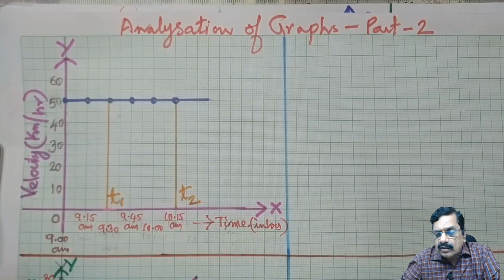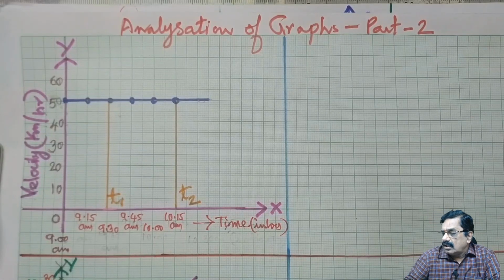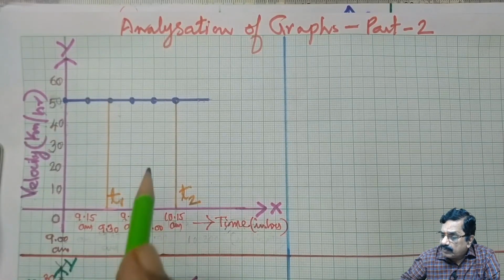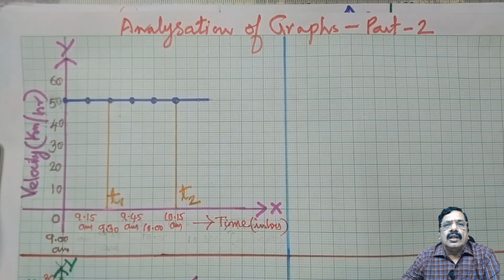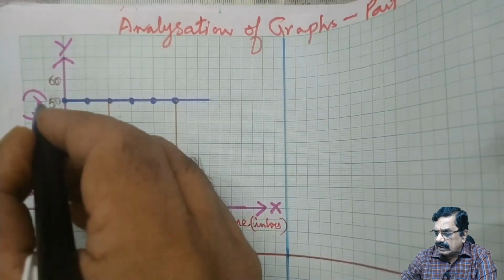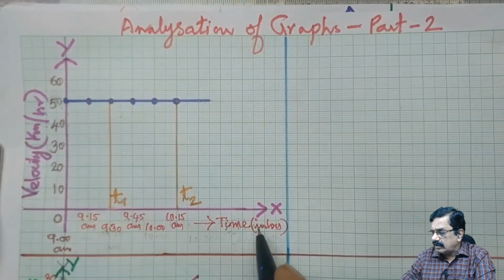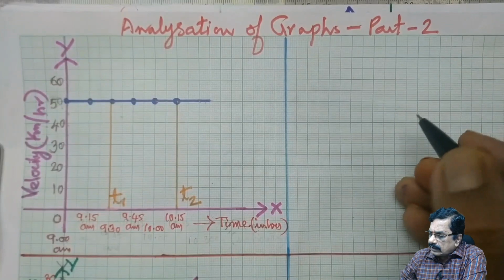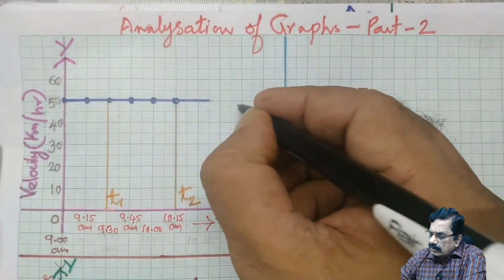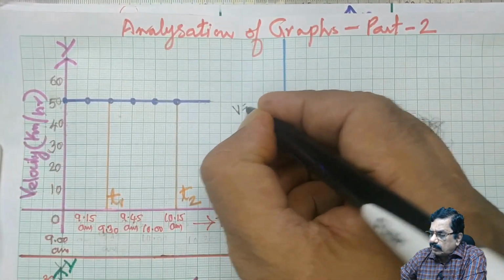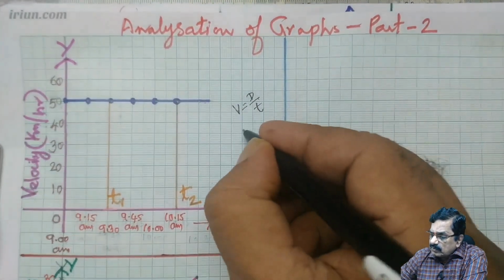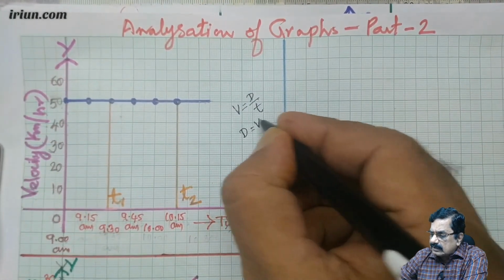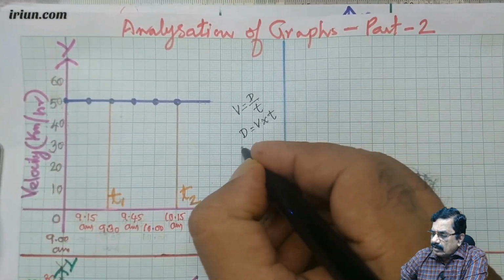Now, we are going to see one more numerical type question based on this graph. Let me start that. Now, in this graph, as I said just now, velocity is taken on the y-axis, time is taken on the x-axis. You know that velocity is equal to distance by time. Is it correct? So, distance is equal to velocity into time. I think you understand this.